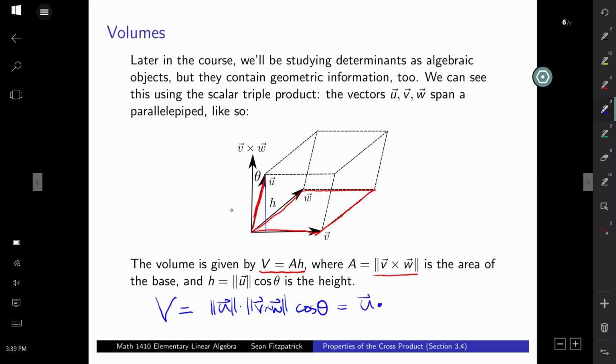But that's simply the dot product. And so this scalar triple product, sometimes called the box product that we referred to on the first slide, shows up here. Taking the dot product of one vector with the cross product of two others gives you the volume of this three-dimensional parallelepiped, as it's called, that is formed from those three vectors.